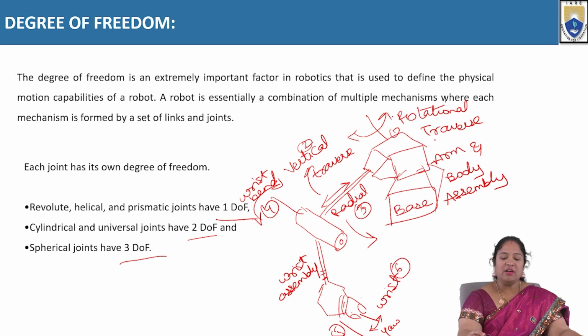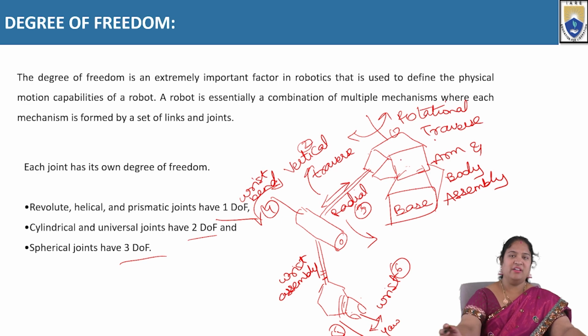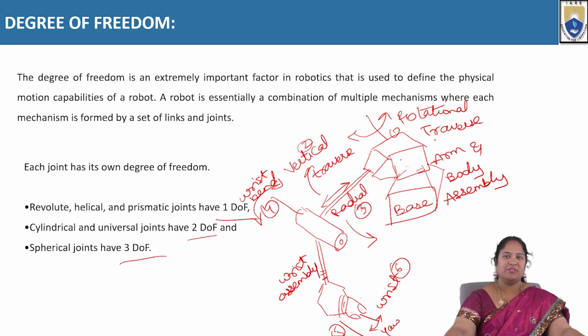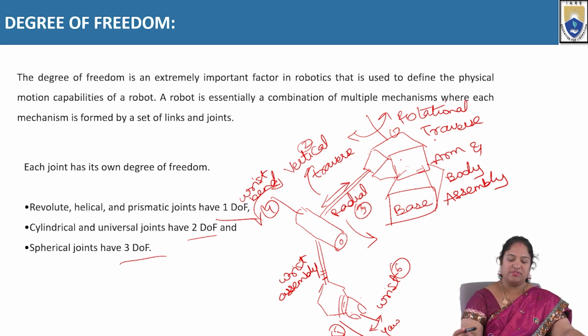It is nothing but a rotational motion, right? The first one is a rotational motion, that is the arm here, whatever we are having, the rotational traverse is moving in a rotational direction, right? The arm, to which the manipulator is being fixed, is moving in a rotational direction, that is in a rotational traverse.